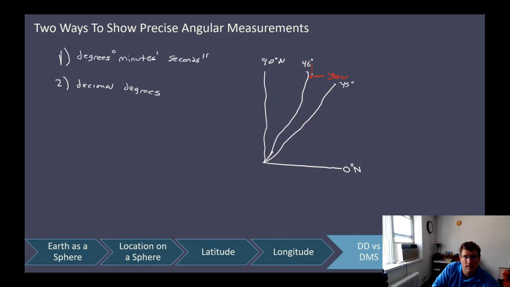What precise angular measurements allow us to do is record partial degrees, for when our angles are not whole numbers.